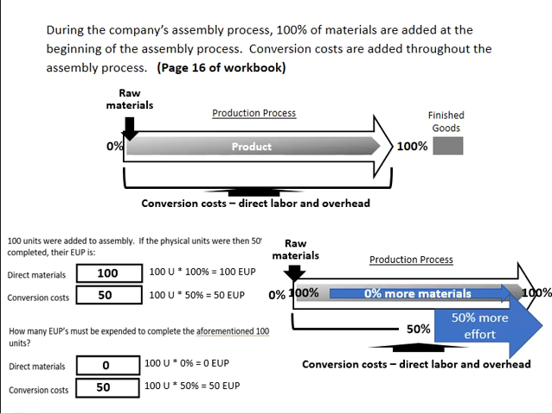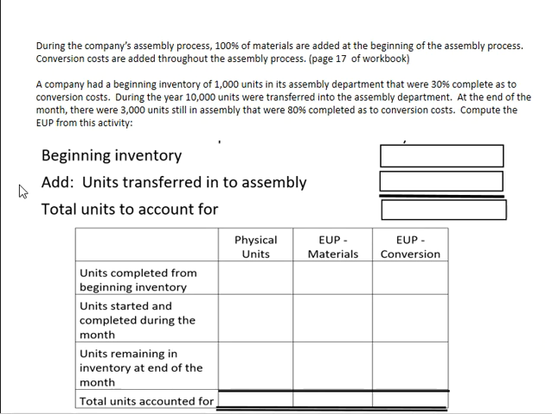So let's go on and do an accounting for our units of production. What you're going to see is this looks very similar to your other calculations where we basically accounted for the physical unit flow in a process, and then broke those physical units down between how they moved throughout the production process.